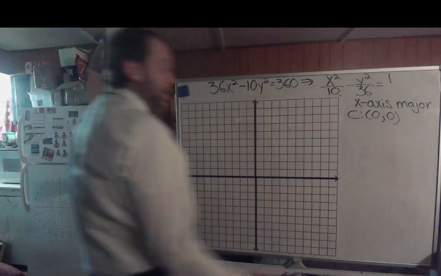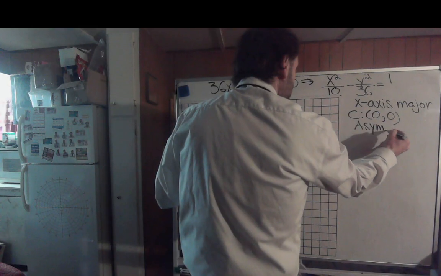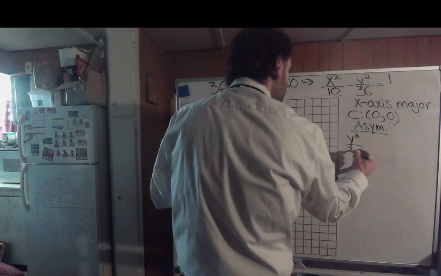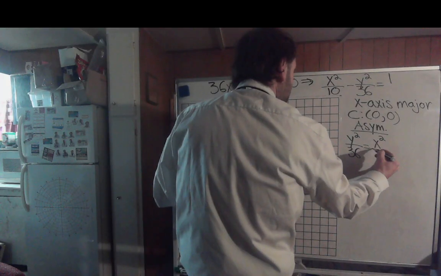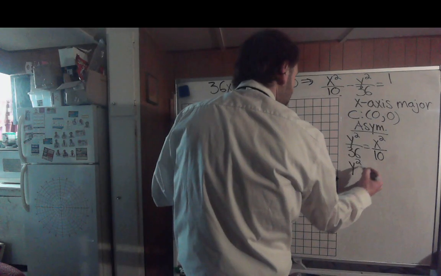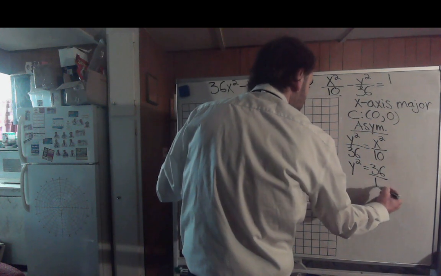Now let's find our asymptotes. To find your asymptotes, that's going to be y squared over 36 equals x squared over 10. So y squared equals 36 over 10 x squared.